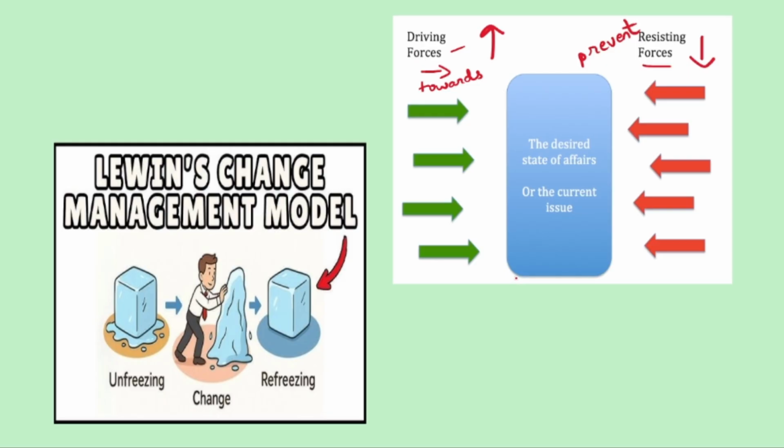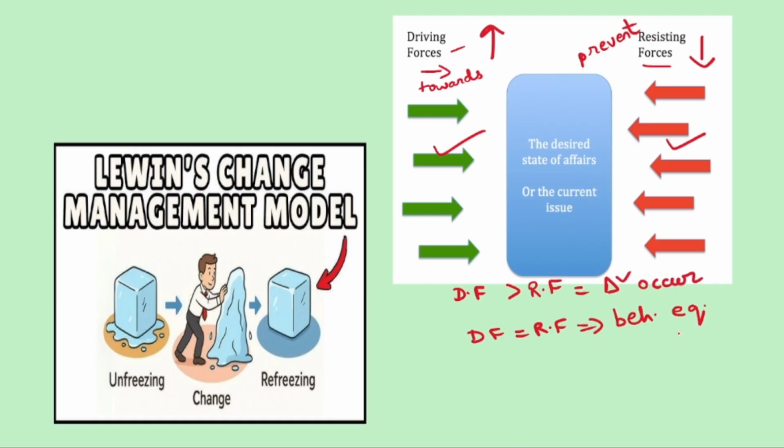Means in order to change the behavior, an organization has to address both the driving forces as well as the resisting forces. If the driving force is more than the resisting force, then obviously change will occur. But if the driving force and the resisting force are the same, then the behavior will be in equilibrium.